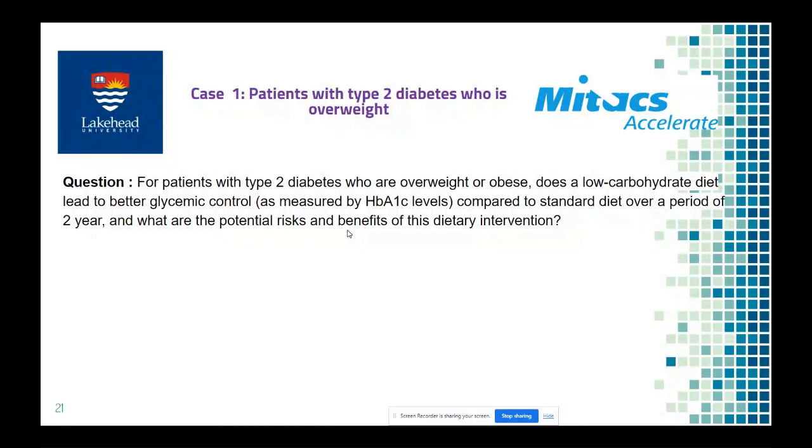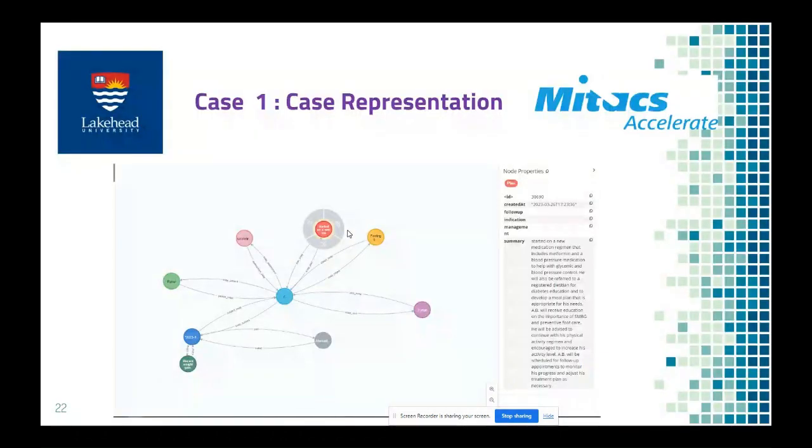So ideally the question would be: in a patient with type 2 diabetes with an overweight problem, does a low carbohydrate diet lead to better glycemic control compared to the standard diet over a period of 2 years, and what are the potential risks and benefits of this dietary intervention?